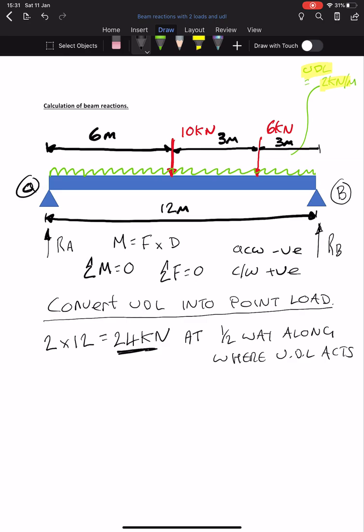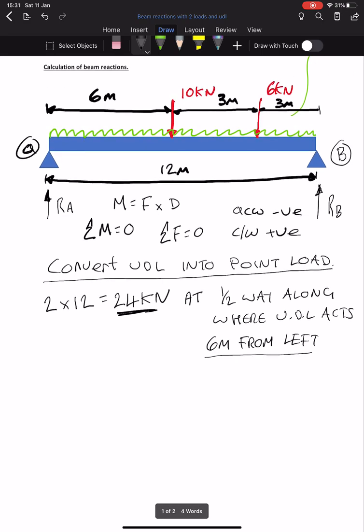So my 24 kilonewtons will be placed at 6 meters. I'll just say from the left. So I've now got 10 kilonewtons, 6 kilonewtons, and 24 kilonewtons at 6 meters from the left, which means we're going to have two forces now at the 6 meter mark.